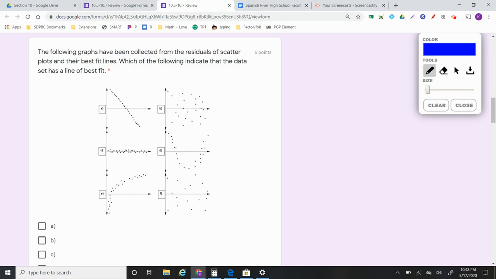So in line of best fit, I'm looking for no pattern. So this, I can draw a straight line with it. So right away, not good. B, it's all spread out. I can't really draw any pattern with it. So that means B is good.